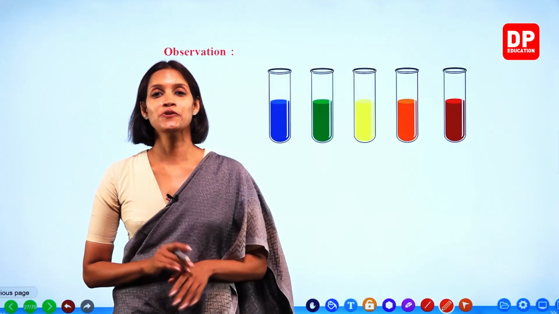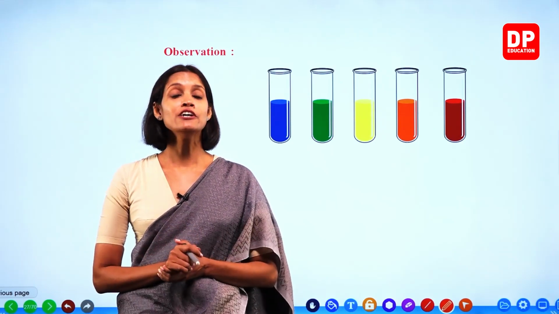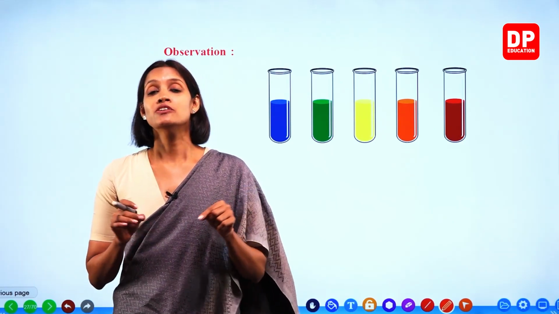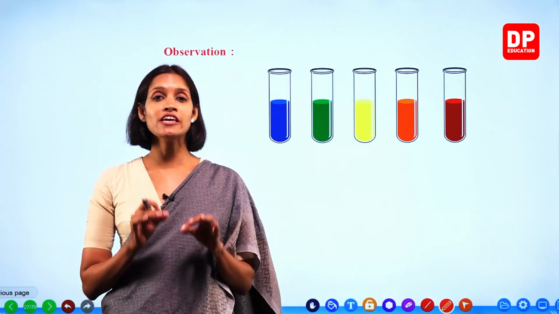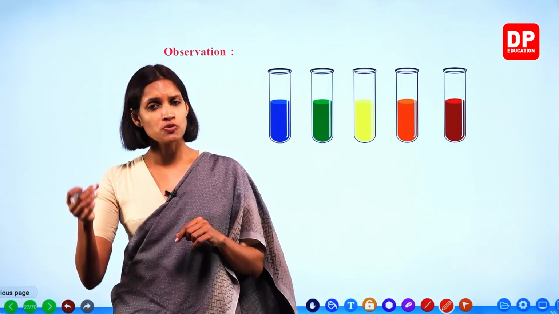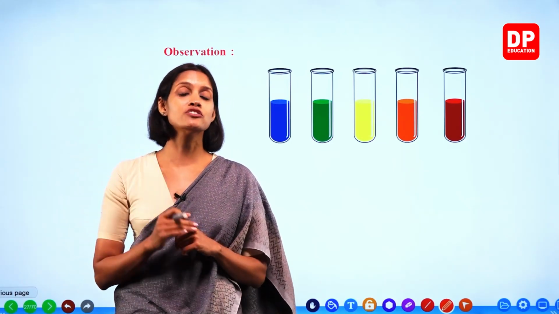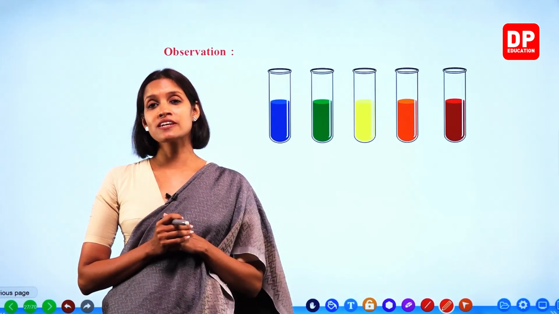Right, children. So you all observe that experiment. I hope it's very clear, right? So when we added equal amounts of Benedict solution and glucose solution, and then we heated it up, what happened, children? You all observed. Soon after we added the Benedict solution to our glucose solution, what was the color, children?